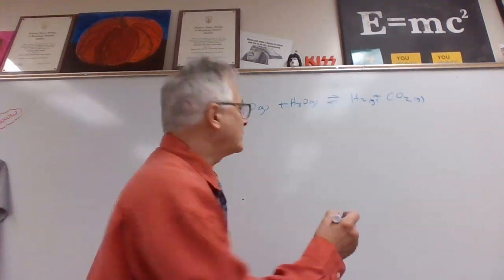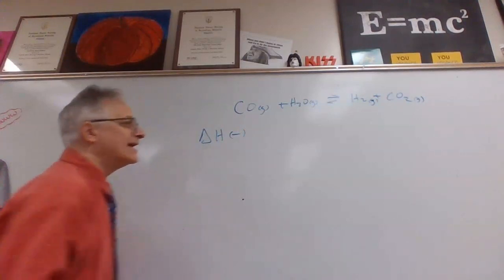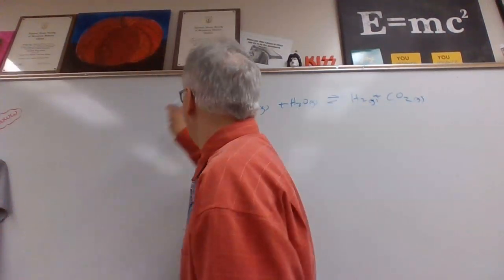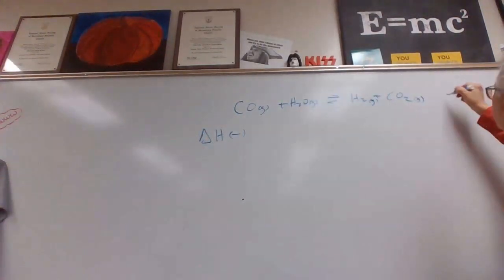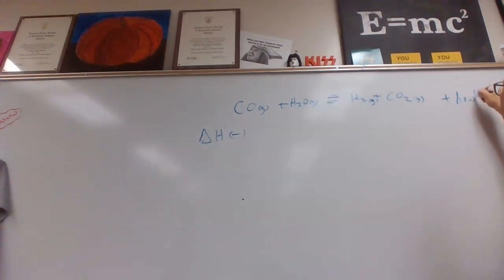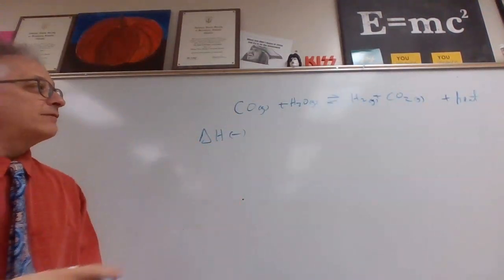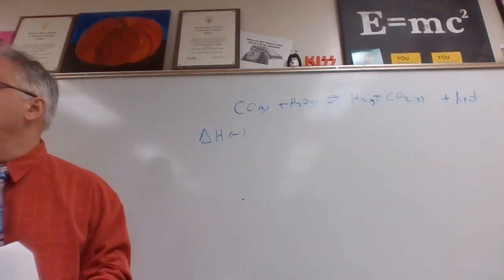This reaction happens to be exothermic. Delta H is negative. Exothermic. What does that mean? Does that mean heat is on this side or heat is on that side? Right. This gives off heat. It's exothermic. So what happens to this reaction if I'm carrying it out at a higher temperature? Which way is it going to go?